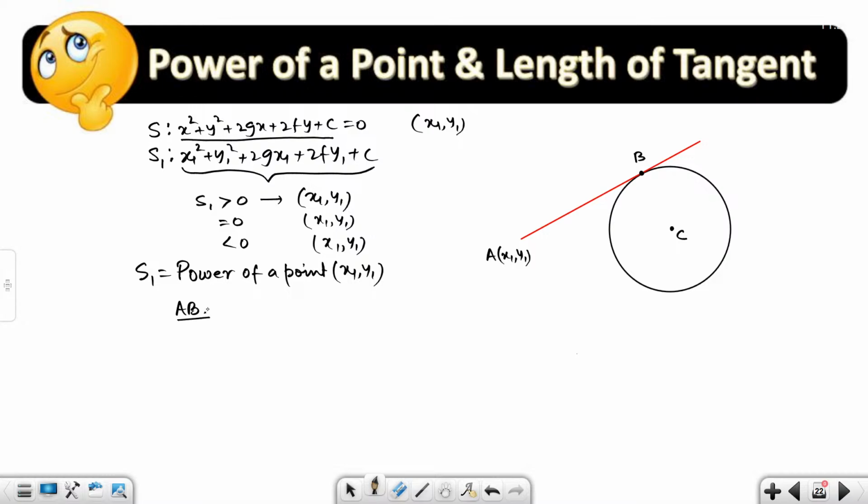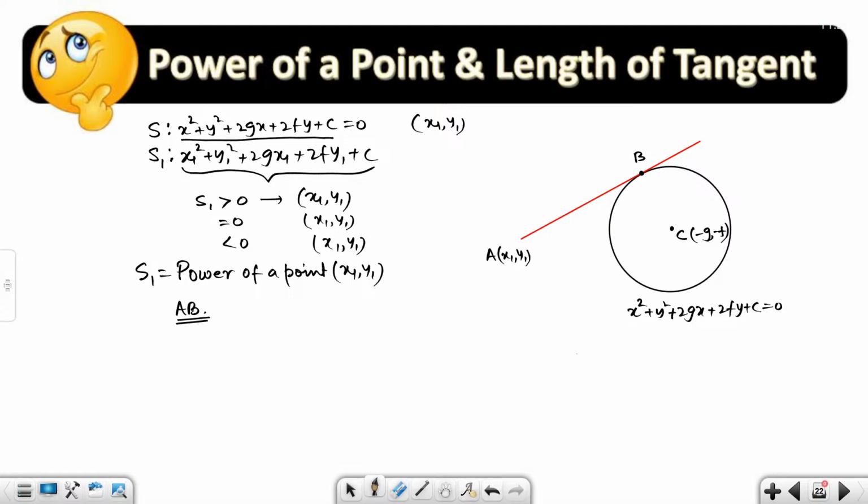So how do we find this length AB? The equation of the circle is x square plus y square plus 2gx plus 2fy plus c equals 0. Therefore, its center will be (-g, -f).